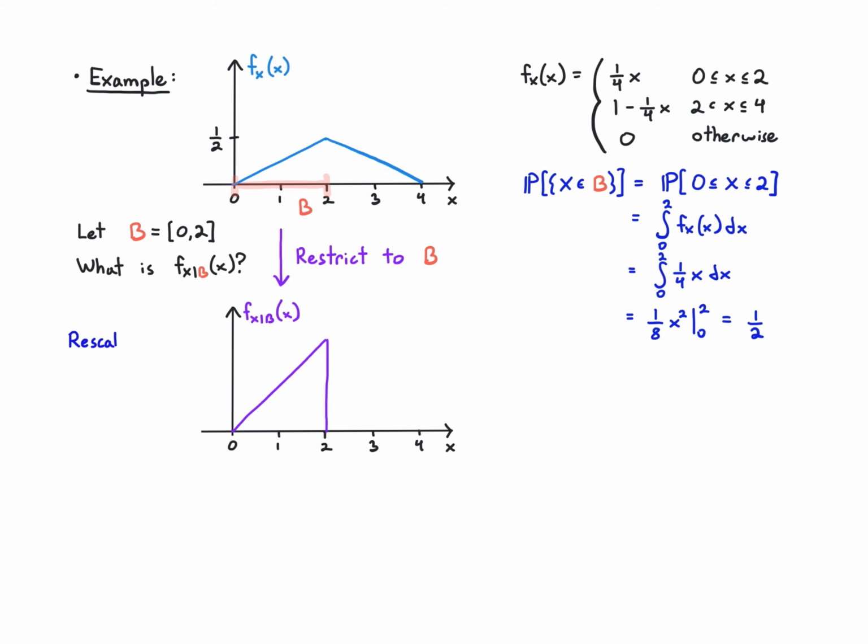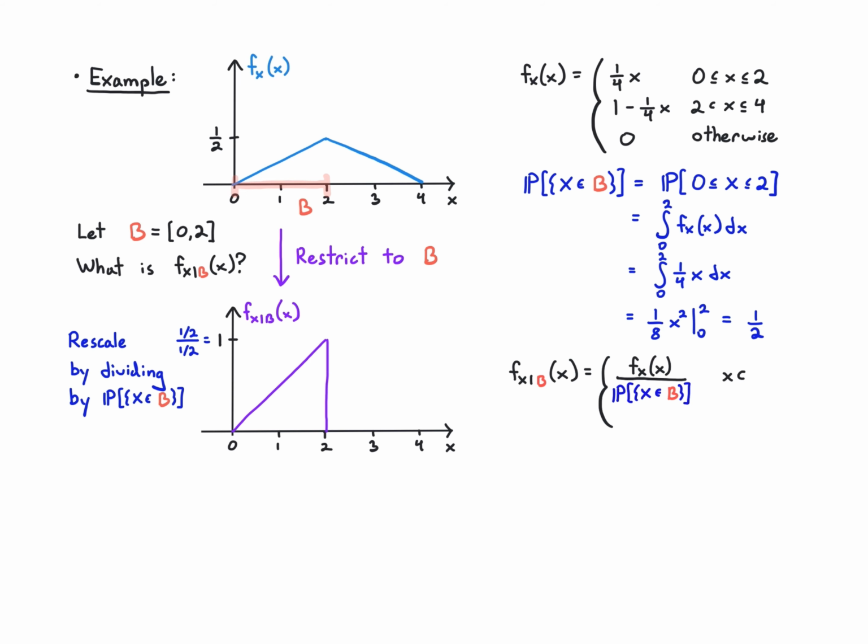So I rescale the height of this PDF by dividing by the probability we just worked out, the probability I fall into B. Instead of a height of 1/2, I get a half divided by a half, and that's just 1. The case-by-case formula for this conditional PDF is the original PDF divided by the probability that I fall into B, which we just worked out.